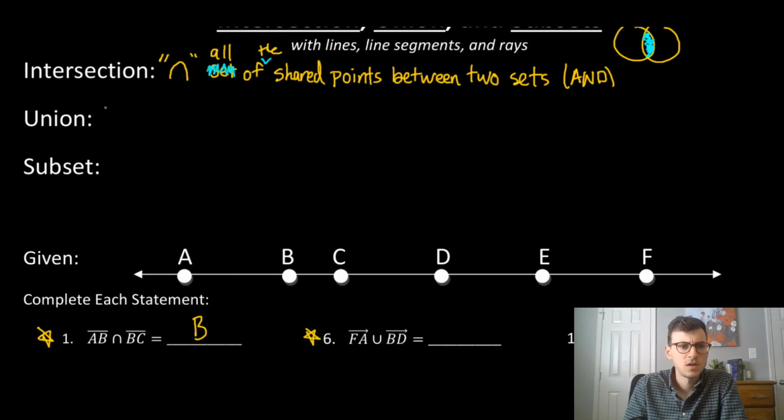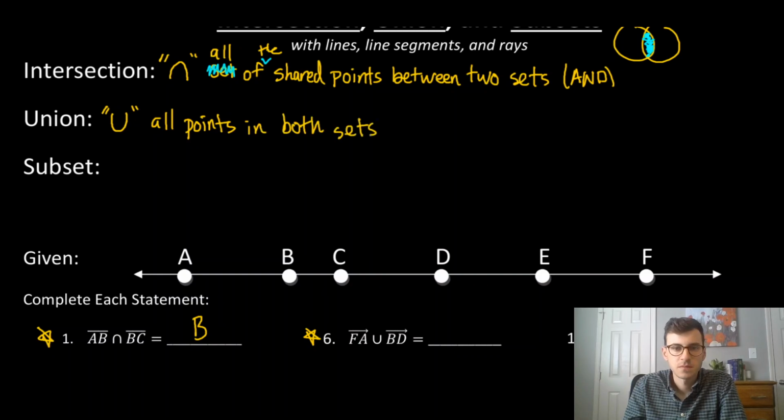Union is represented by a U-looking figure. It's best just to say it's all points in both sets. It's all of the points in both sets.